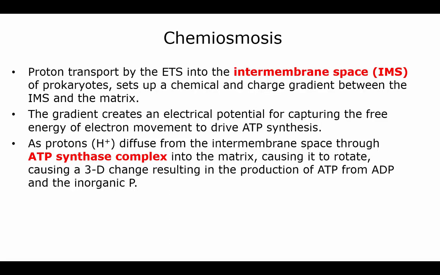But now remember, in prokaryotes, they don't have a nucleus, and they also don't have membrane-bound organelles. So you're not going to find a mitochondria in them. So the question is, where does this process of energy reactions actually occur? Well, it's actually going to occur in what we call the periplasmic space, or the intermembrane space.